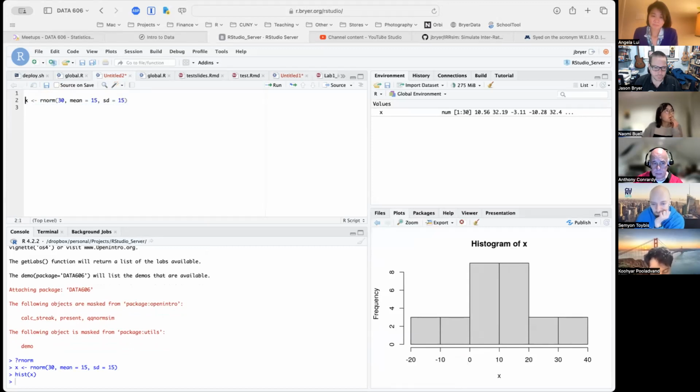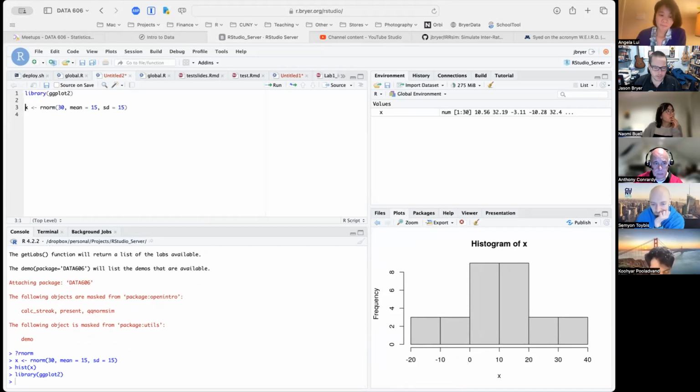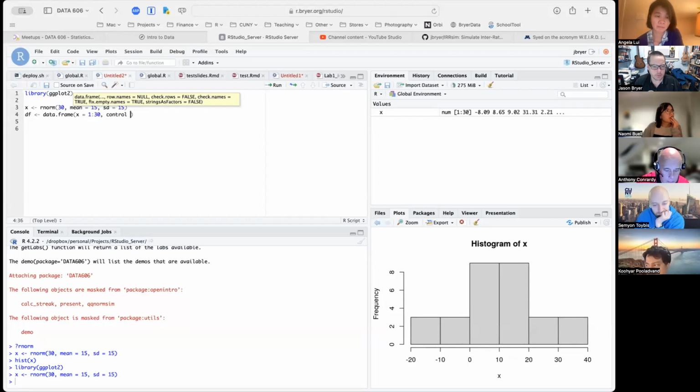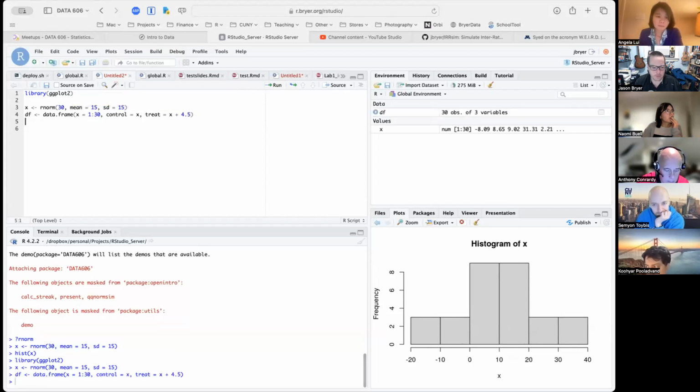But oops, I meant to do library, right? So I'm going to have X, and then I'm actually going to create a data frame. I'm going to say X is 1 to 30, or I'm going to say control is equal to X, and treat is equal to X plus, what did I say, 4.5, right?